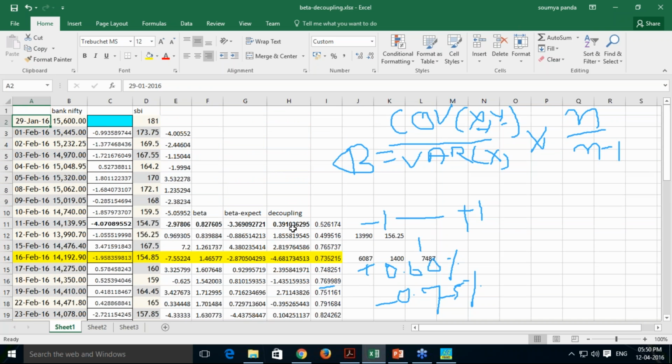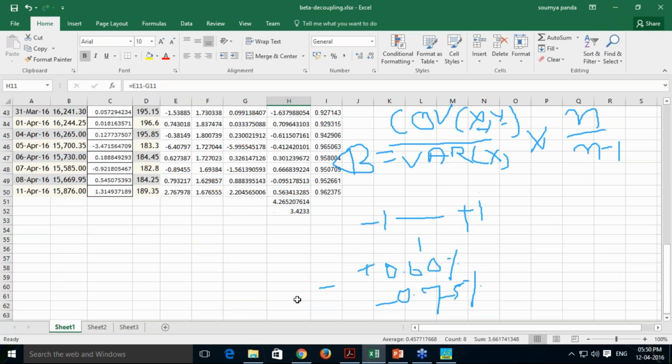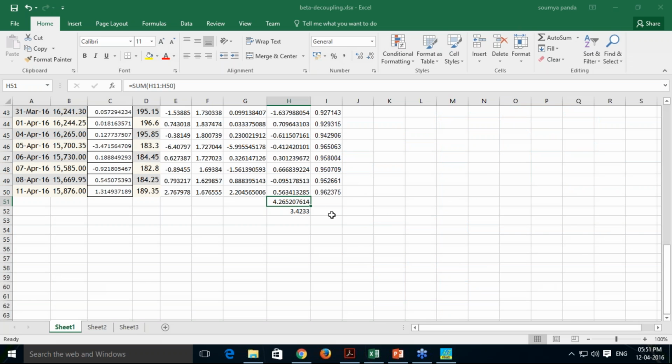And once I add up all these decoupling values, I am saying that now I am having a positive 4.26% of decoupling value. So on 11th April, if I am summing up all the decoupling values starting from January till date, I am getting a decoupling of positive 4.26.